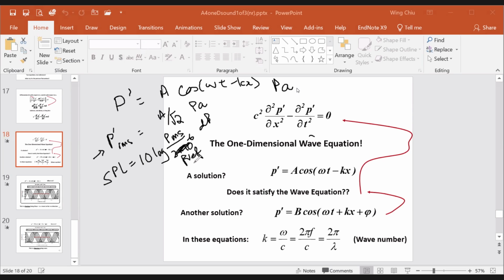Sorry, isn't it 20 times log? It's squared if you do 10 times log, because of the mean square. Yeah, that's right. So this is P reference, and then square that.